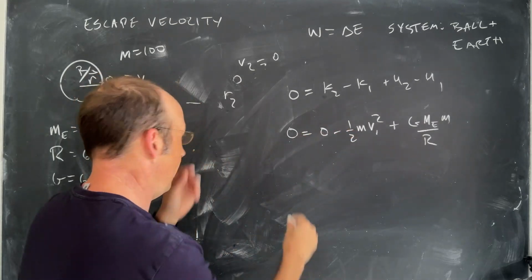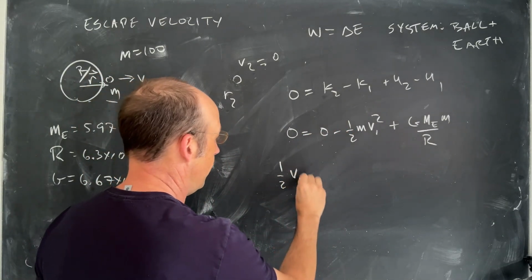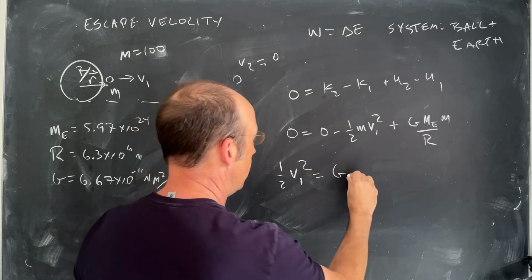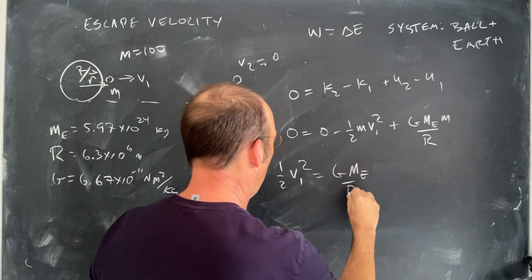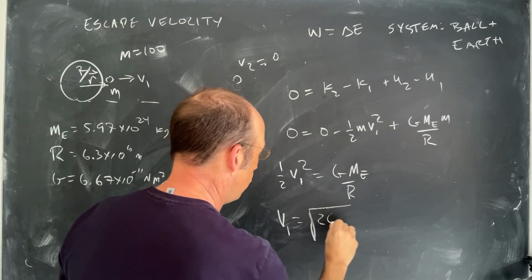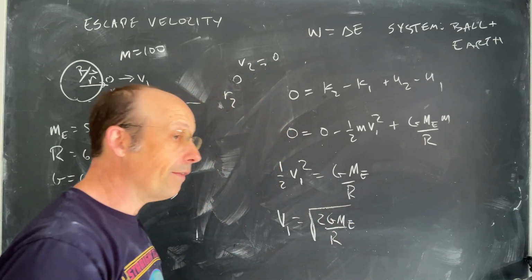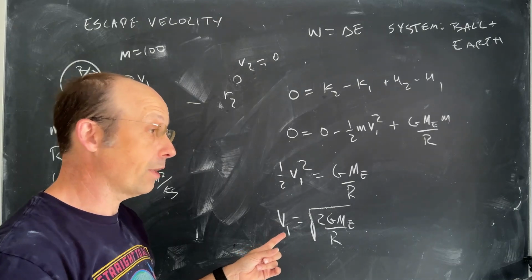And I want to solve for v. This is pretty easy. The mass cancels. 1/2 v1 squared equals G mass of the Earth over r. v1 is the square root of 2G Me over r. So that's how fast I would have to launch it in order to not come back.